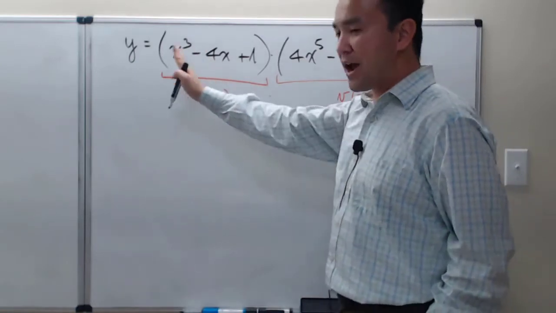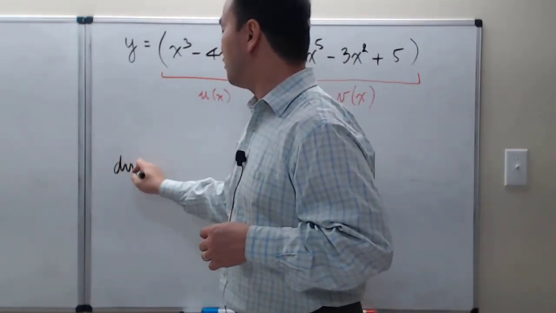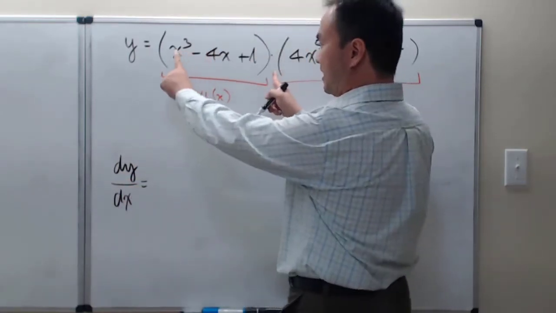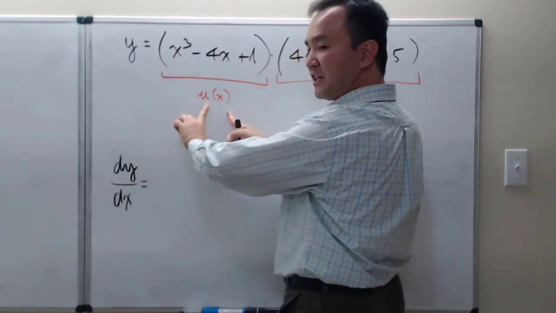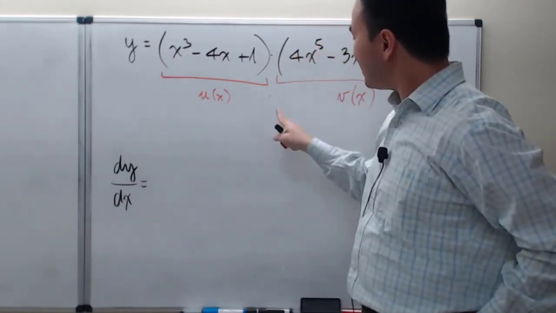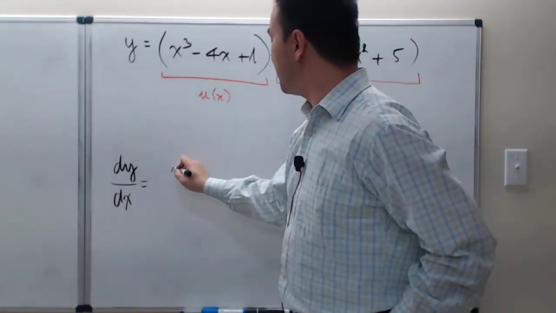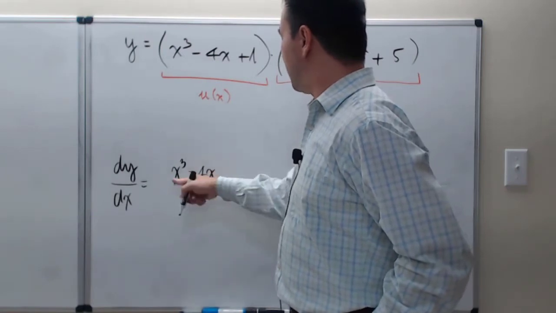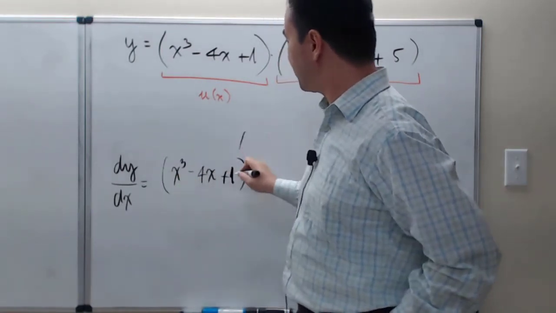But for now, the new method for taking the derivative is this. I'll first take the derivative of my first function in this current product. So I am going to take the derivative of x cubed minus 4x plus 1 first.